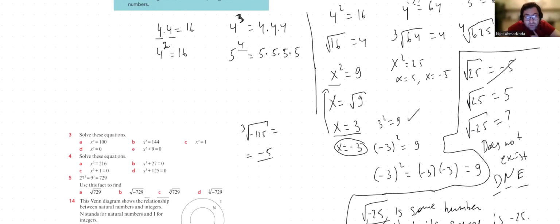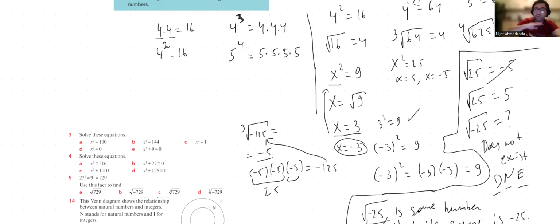Because if you multiply negative 5 by itself 3 times, you get: negative 5 times negative 5 is 25. 25 times negative 5 is positive times negative, which is negative. 25 times 5 is 125. So you see, we got the exact same answer. That means the cube root of negative 125 exists, but the square root of negative anything does not exist.